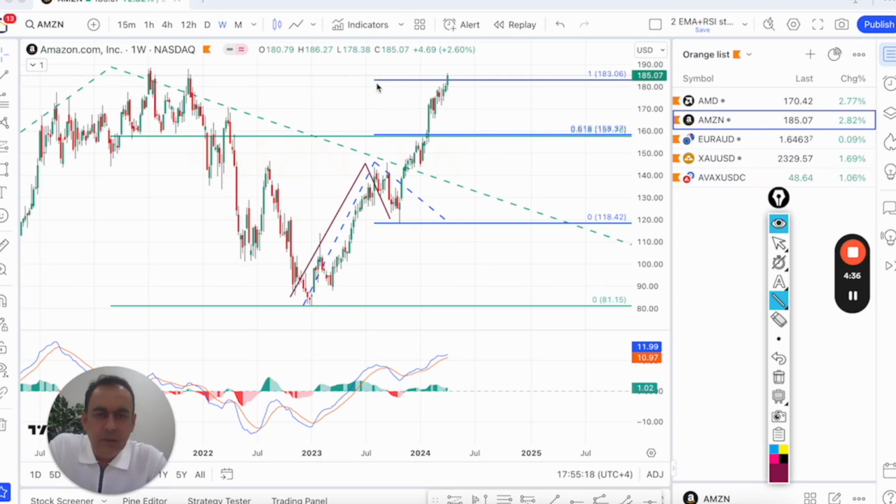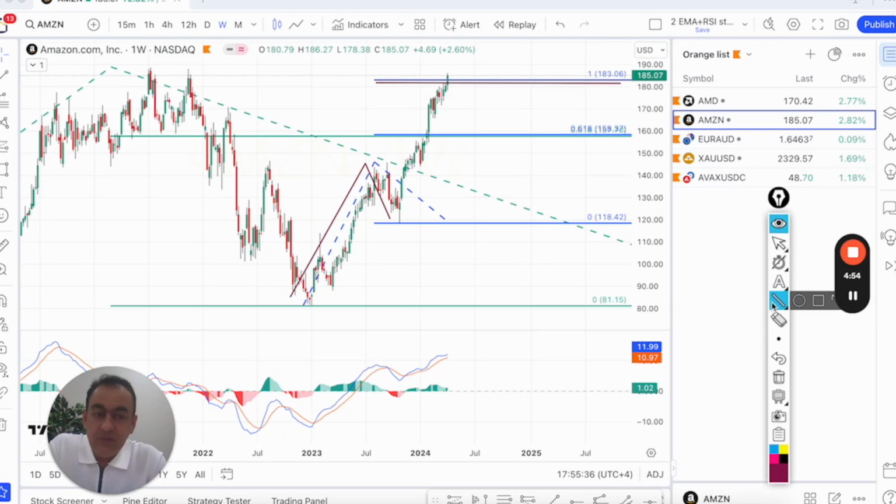So based on fib extension level, we are right now at 100%, so it is hovering at the 100% price level. Fib extension 100%, that is around 183, but there are no signs against. So I can see a slowdown in the bullish momentum, but no red flags in the bullish behavior.